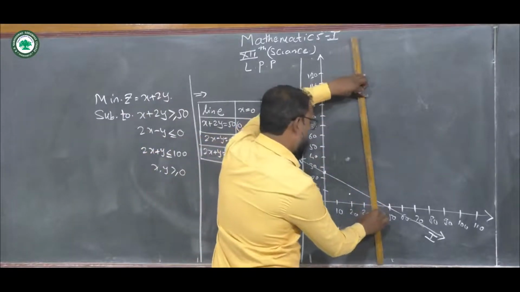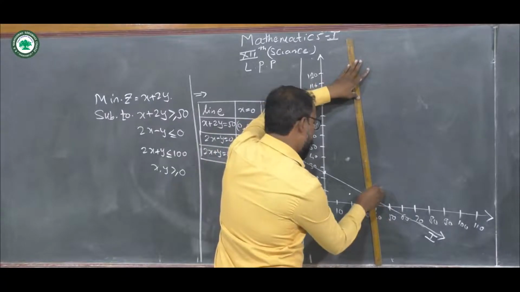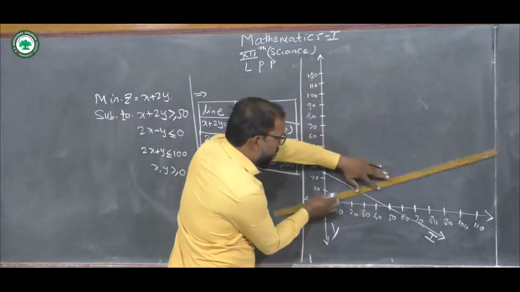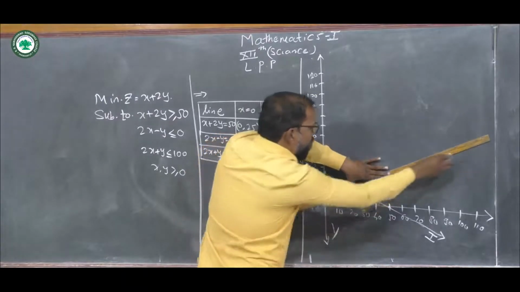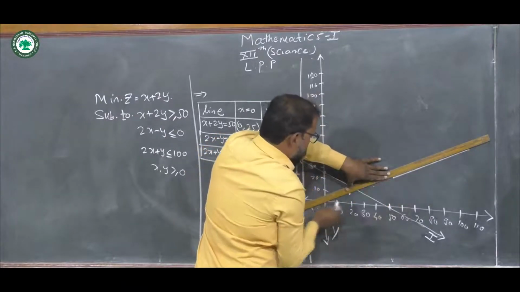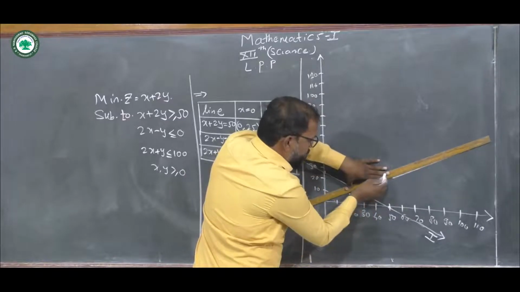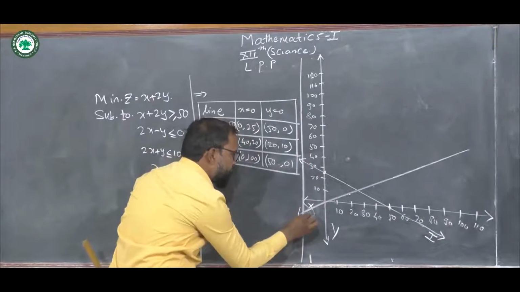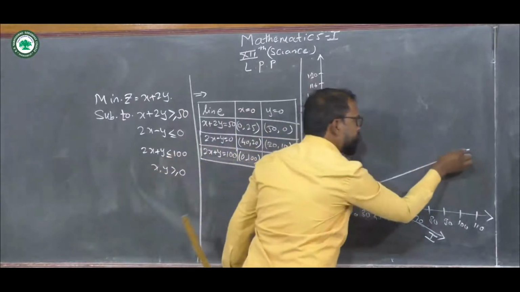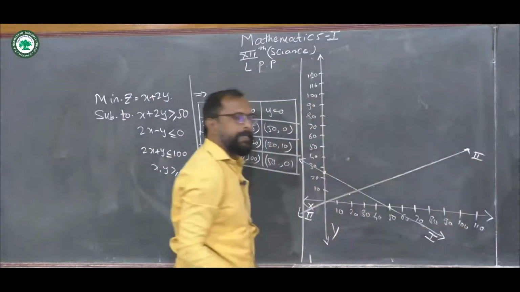We have to draw a line passing through these points and the origin. So this is the line which passes through the origin. This is the second line.